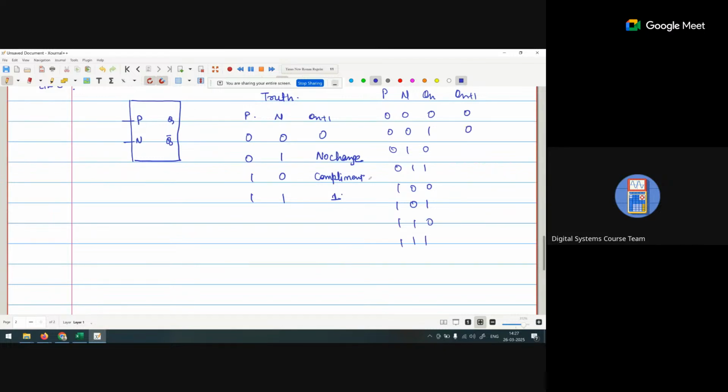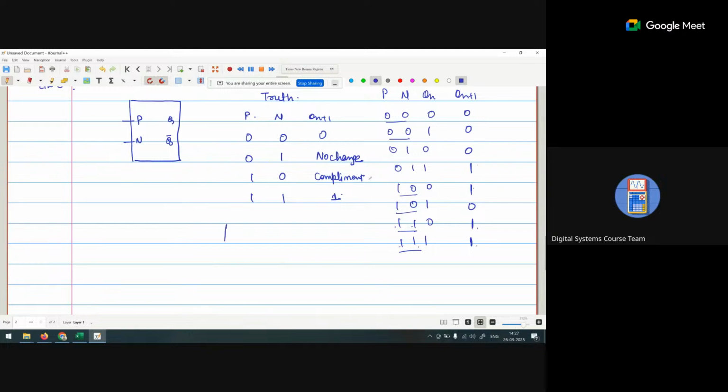In this situation it is a 0. For 0 1, no change, that means Qn is 0 when Qn is 0 and 1 when Qn is 1. When it is 1 0, complement, it becomes 1 and 0. And for 1 1, it is a 1.